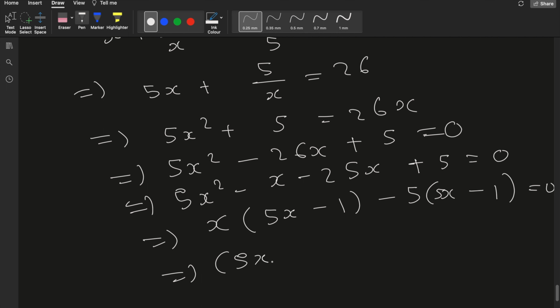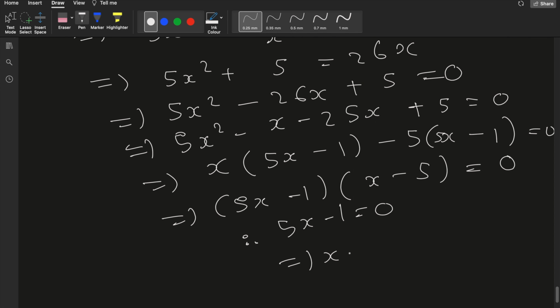This implies 5x minus 1 into x minus 5 equals 0. Therefore, 5x minus 1 equals 0 implies x equals 1 by 5, and or x equals 5.